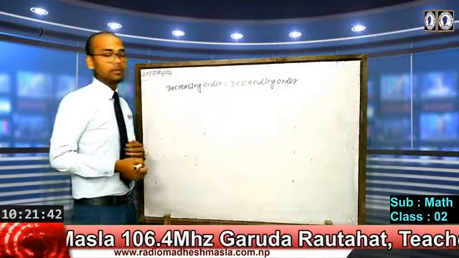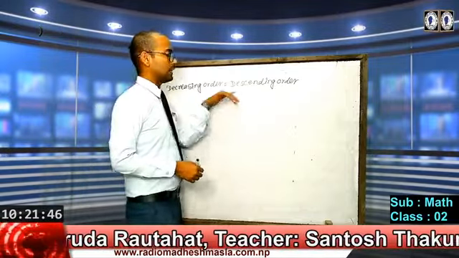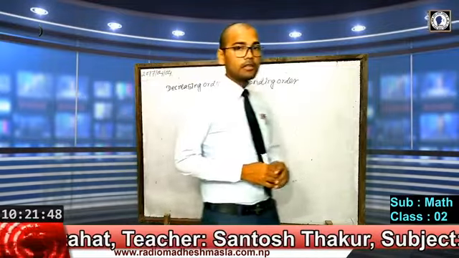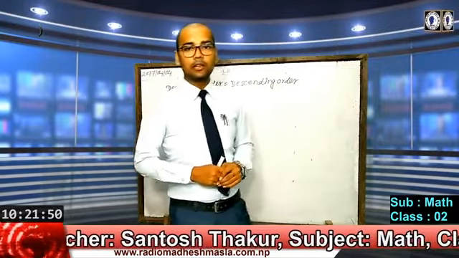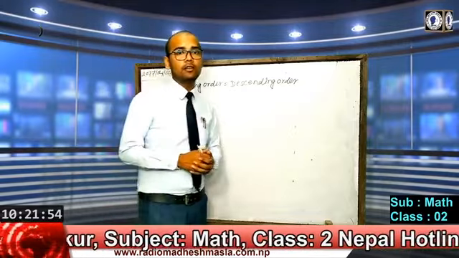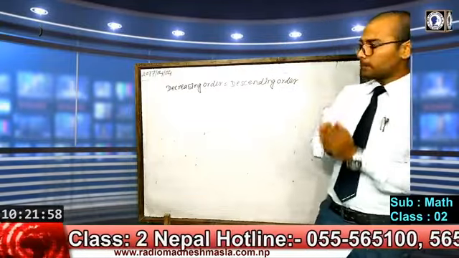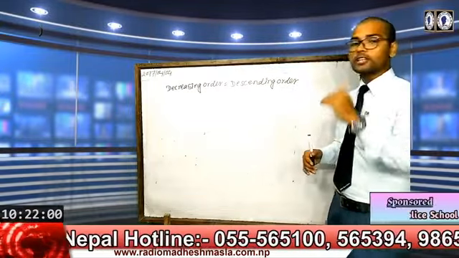So students, this order of numbers is just opposite to increasing order. In increasing order we write the given sequence of numbers from smallest to greatest.